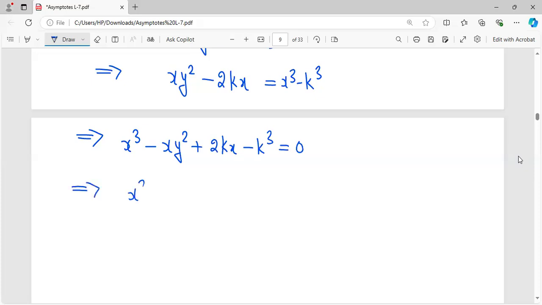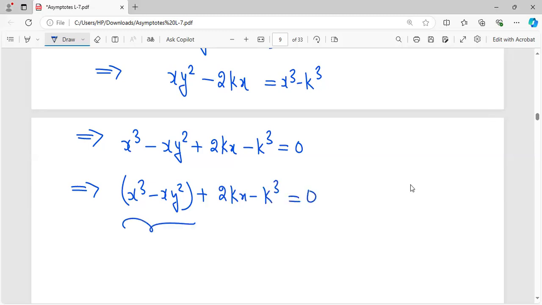So this implies x cube minus xy square plus 2kx minus k cube is equal to 0.